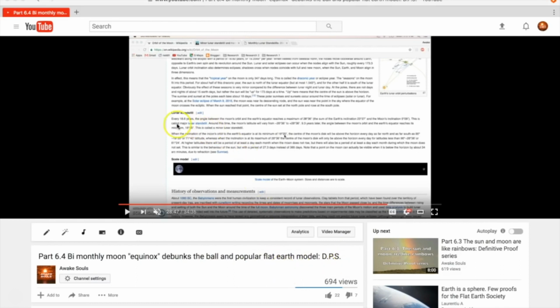And in this I covered the lunar standstill. There's an 18.6 year cycle between where the moon's meridian passing to the north and south. It varies in width, and at its narrowest it's 18 point something, and it gets up to 28 point something, and I'm going to show you that chart now.